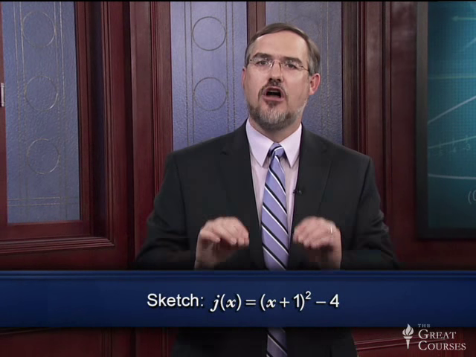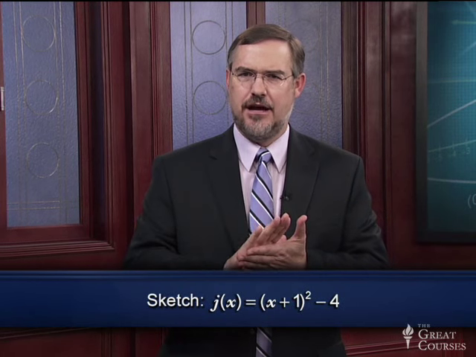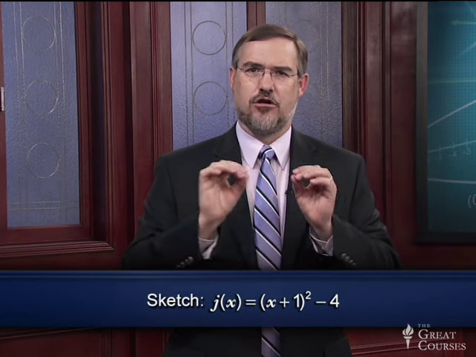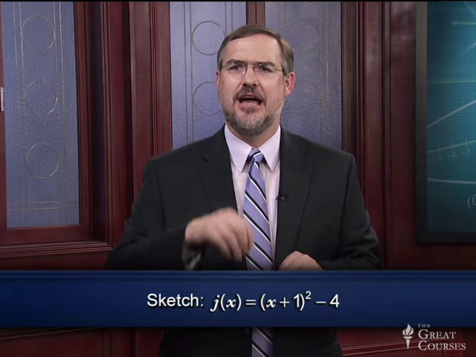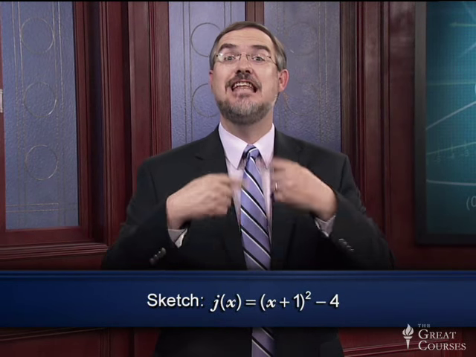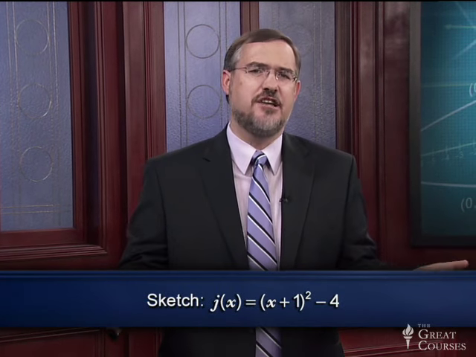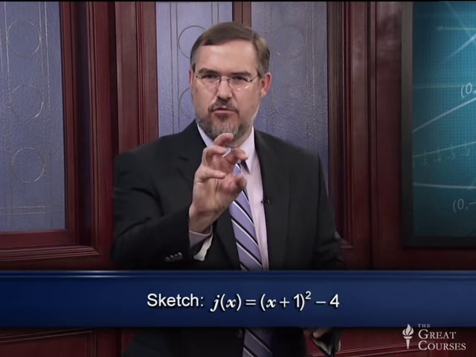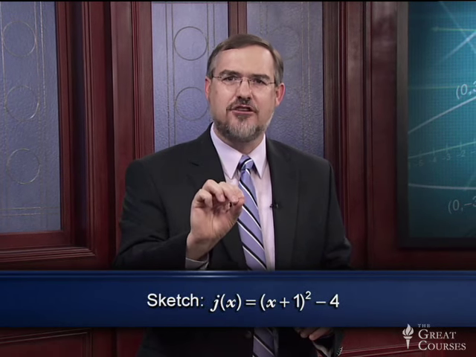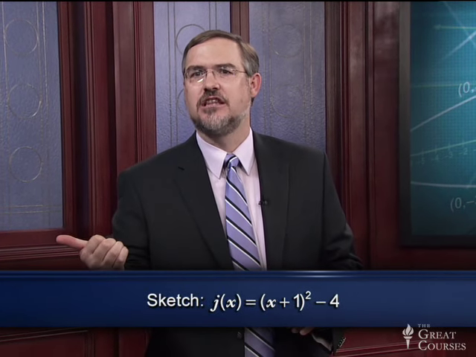The answer is no. And probably the best way for you to understand that we're going to go to the left is to think of x plus 1 as x minus a negative 1, right? X plus 1 is the same as x minus a negative 1. And now do you see that negative 1 that's sticking out there? That should remind you to go to the left.